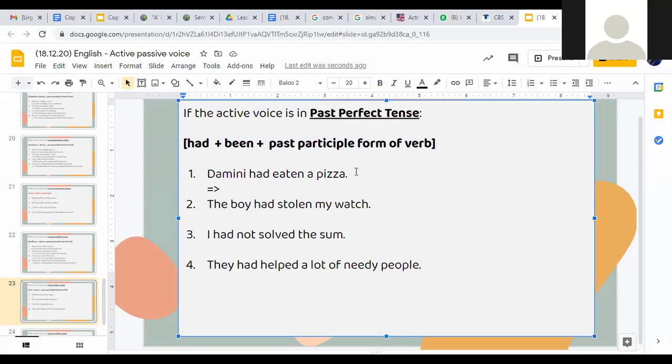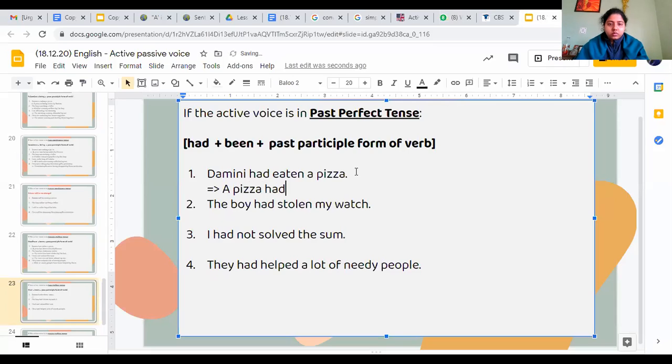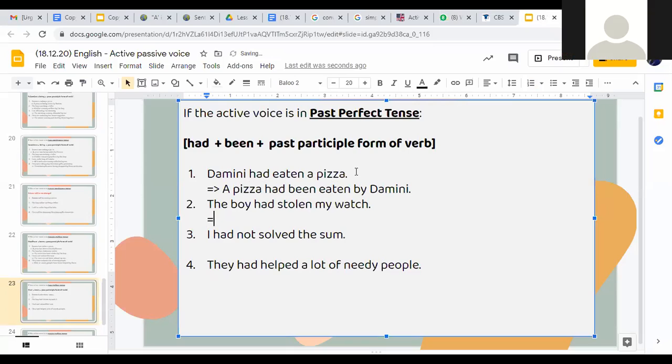A pizza had been eaten by Damini. Thank you, Bhumika and Nisha. Second one, can I tell, teacher?